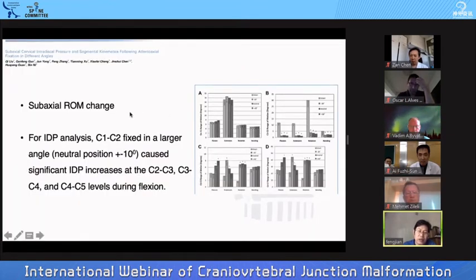In this study, the authors measured the intradisc pressure after C1-C2 fixation. They found significant intradisc pressure increases at the subaxial segments after C1-C2 fixation during flexion extension.